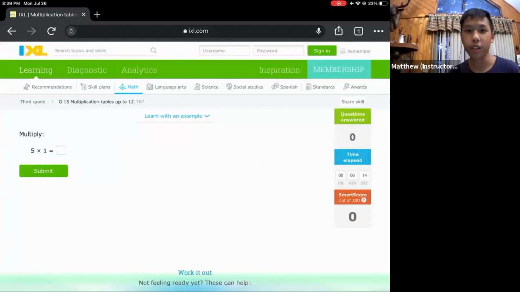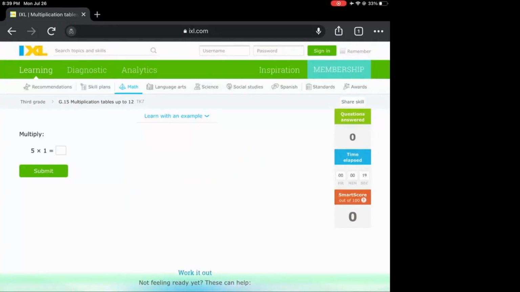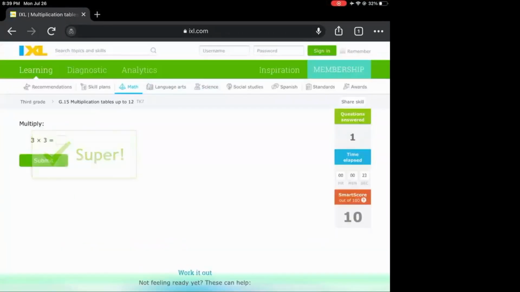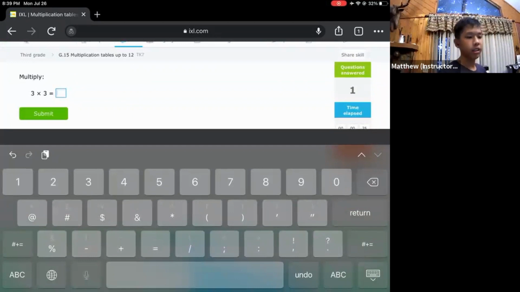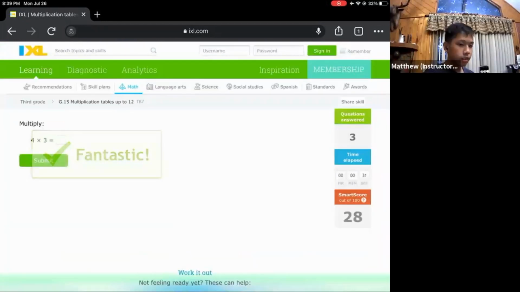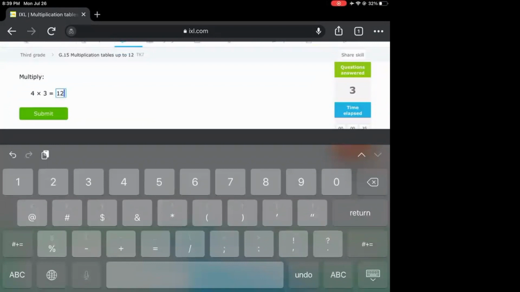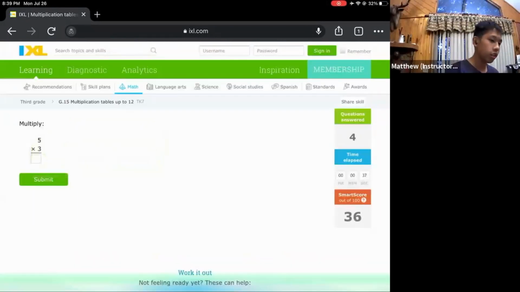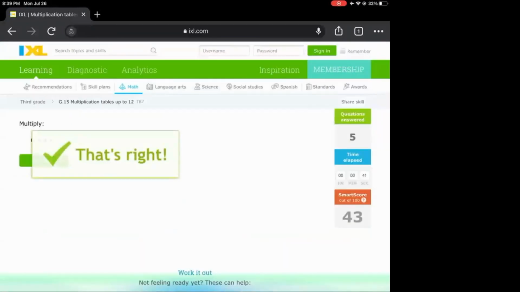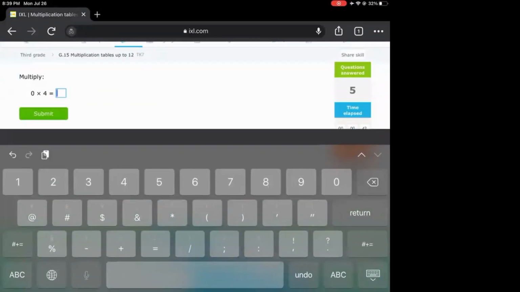Button 1, kids. Button 1, real hard. It's 5. Yes. 3 times 3? 9. Yes. 2 times 4? 8. Yes. 12. Yes. 15. Yes. 0.